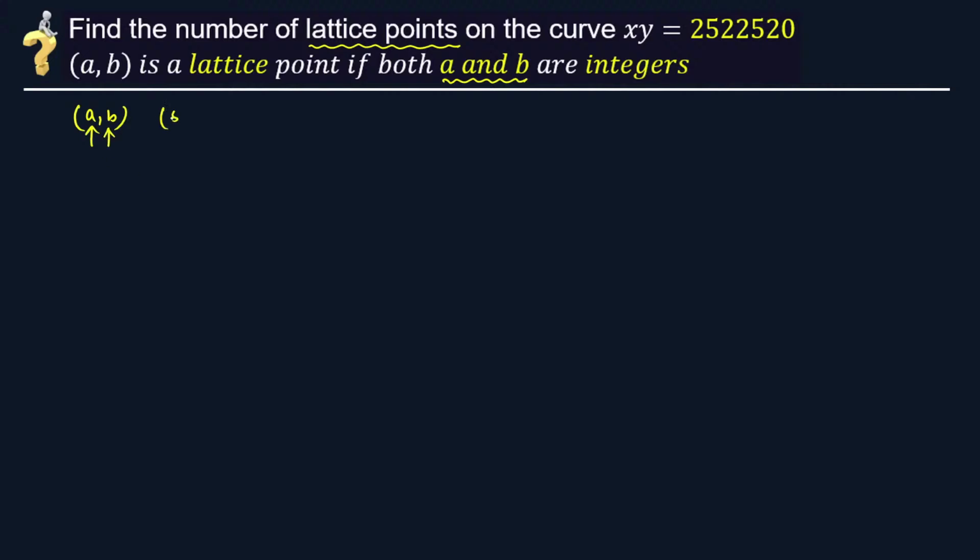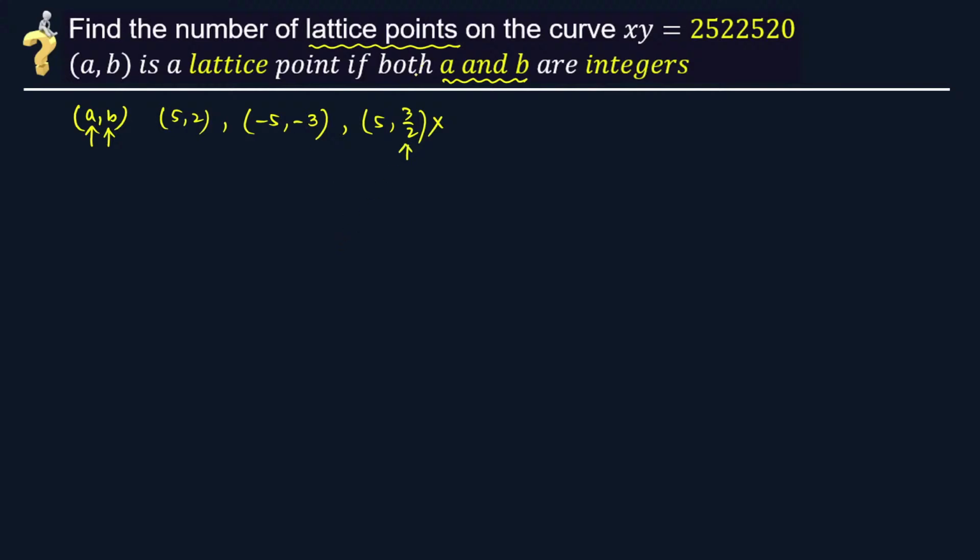Like if I say 5 comma 2, this is a lattice point. If I say minus 5 comma minus 3, this is a lattice point. But if I say 5 comma 3 by 2, it is not a lattice point, because here B is not an integer. So I hope lattice points are clear.